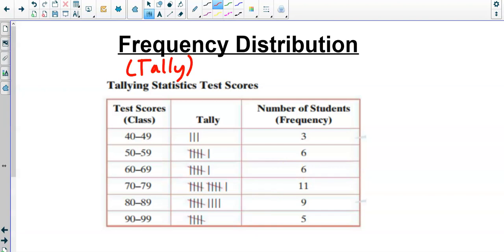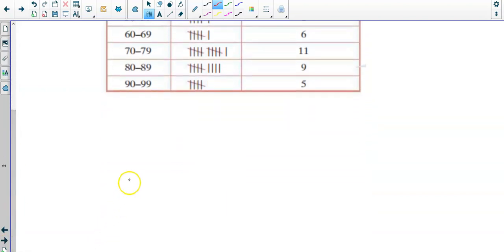You're filling in how many times each one of these happened, or how many of our data entries happen in there. Again, another kind of tally table looks like this. You could have called it test score, and we could call it frequency.